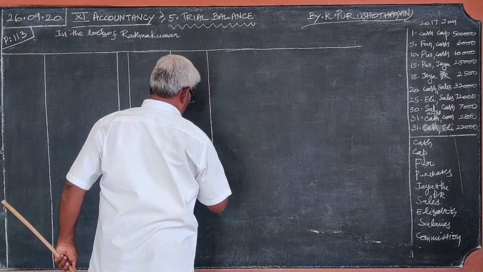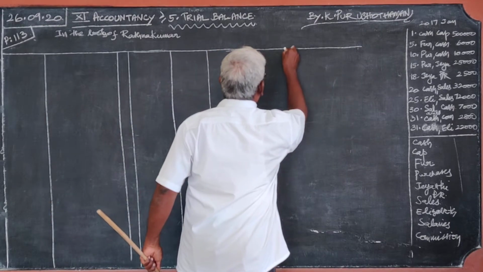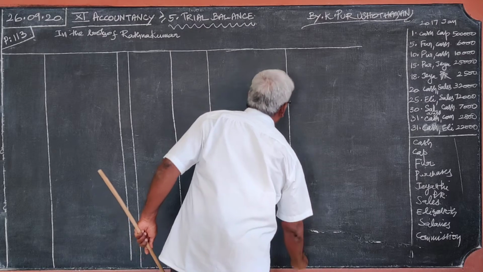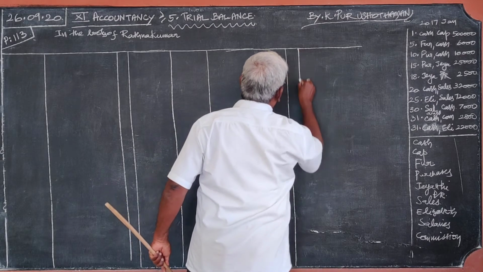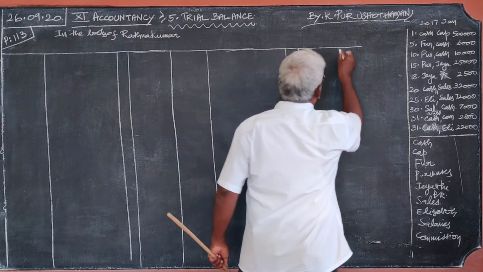Date, particulars, general folio, amount.